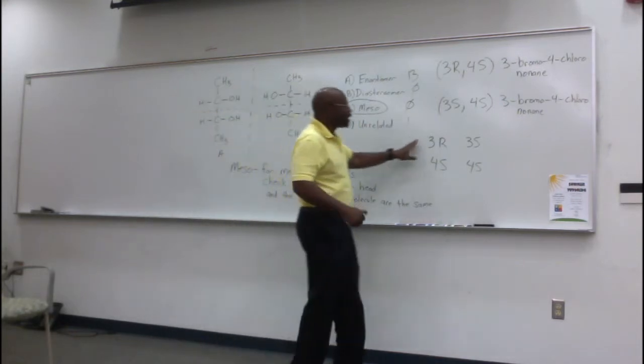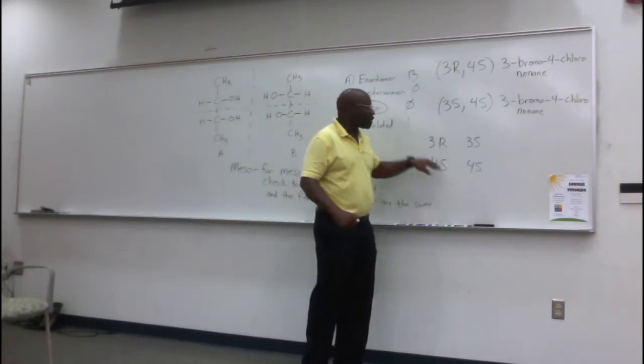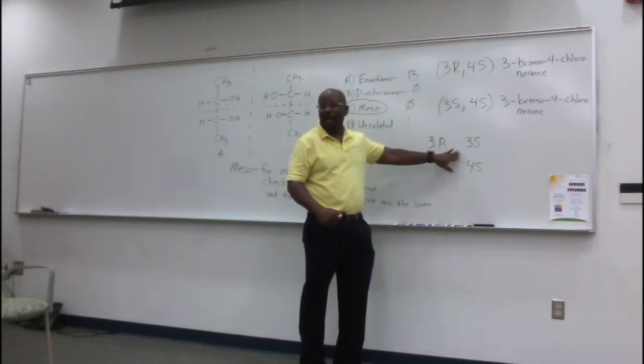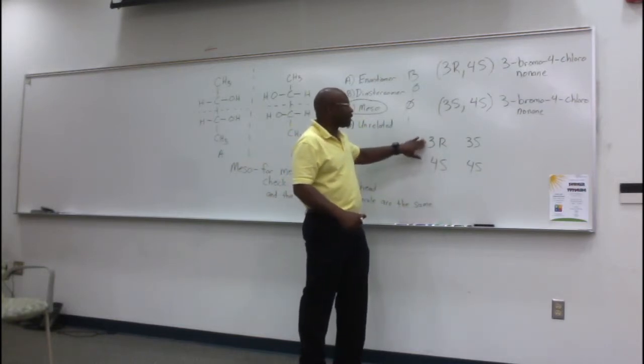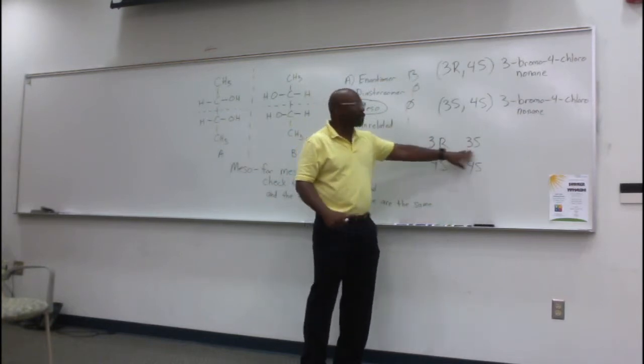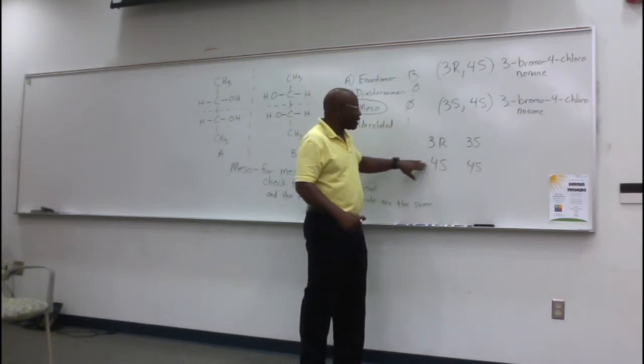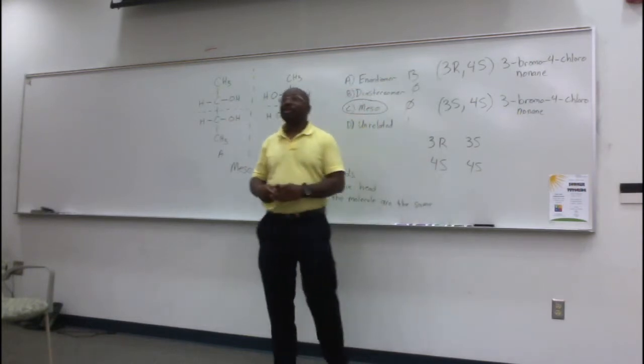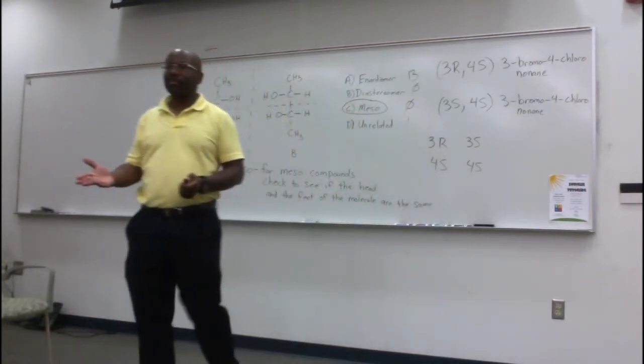Remember, enantiomer would be the mirror image. So whatever the R or S value is, the mirror image would be the exact opposite. So if this here was 3R, the mirror would be 3S. If this here is 4S, the mirror would be 4R. So we see they're not enantiomers to each other.